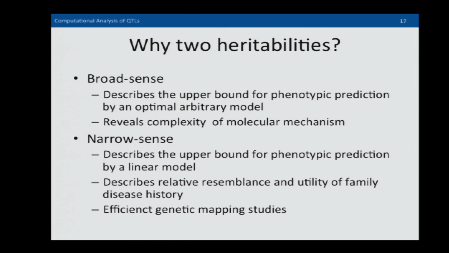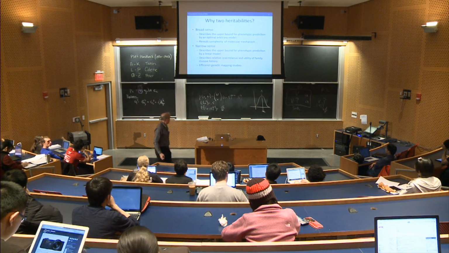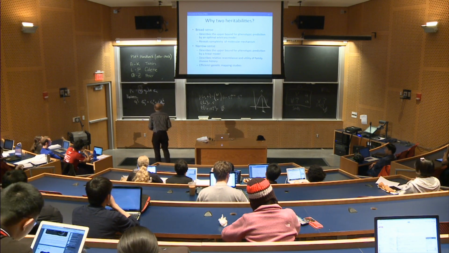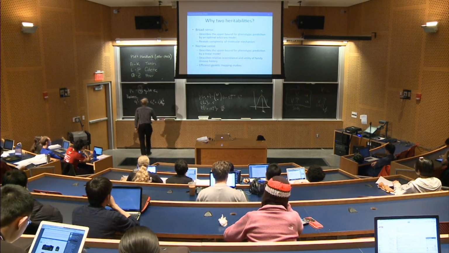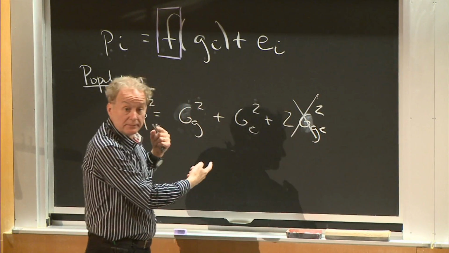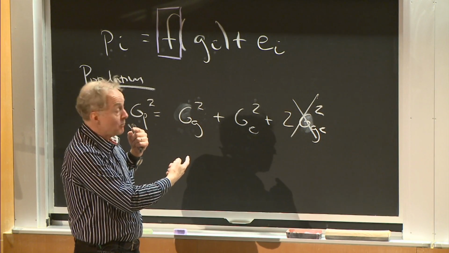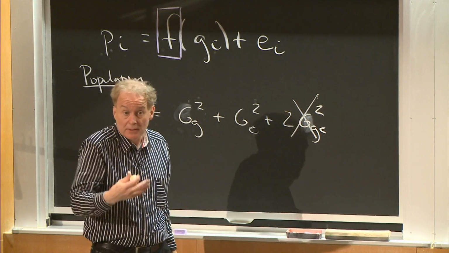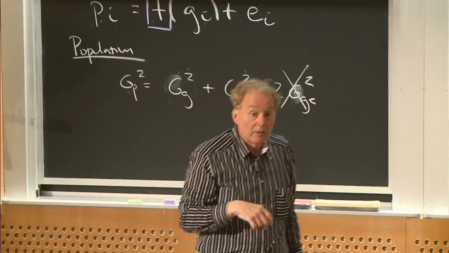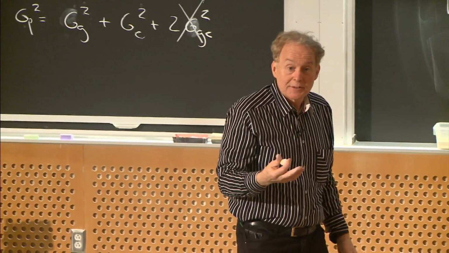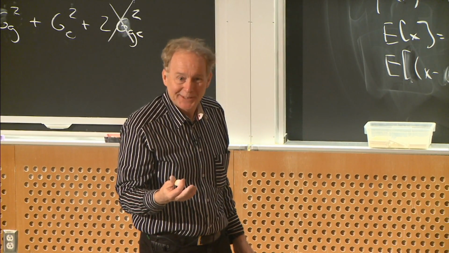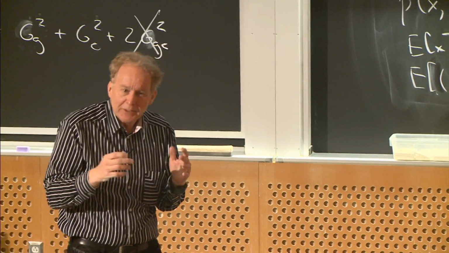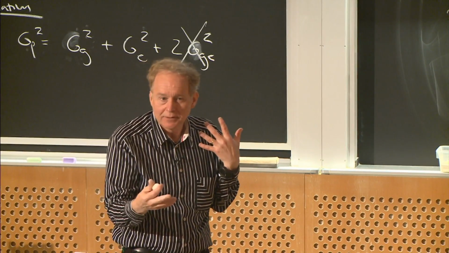Oh, there's a question? Why the covariance drops out? Yeah, the covariance drops out because we're going to assume that genotype and environment are independent. Now, if they're not independent, it won't drop out. But of course, for human studies, you can't really make that assumption completely, right? And one of the problems in doing these sorts of studies is that it's very easy to get confounded.